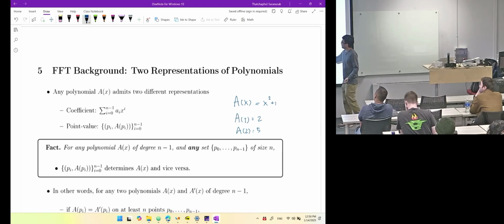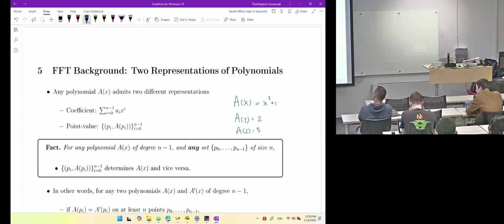So you can think of a polynomial as a function, and you can represent it as a map of evaluation points: given a point pi, evaluate a at pi, and record that.